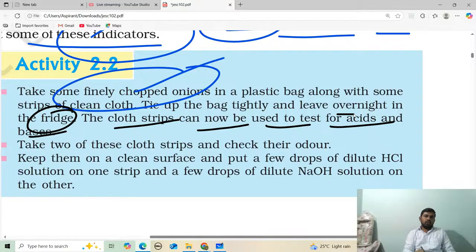So take two of these cloth strips and check their odor.